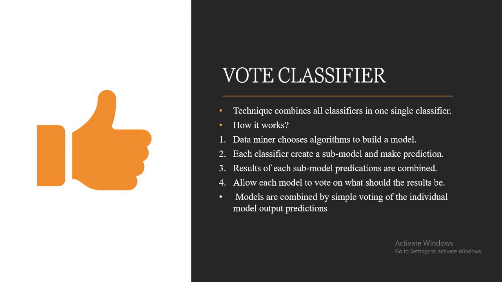Step three, the results of each are combined somehow, like taking the mean or mode of all predictions. Step number four, it allows all the submodels to vote on what the outcome of the prediction should be. This is how a vote classifier works, the model that combines by simple voting of individual model output predictions.